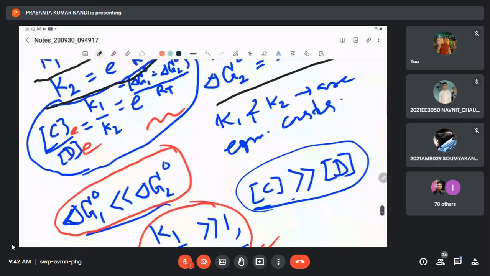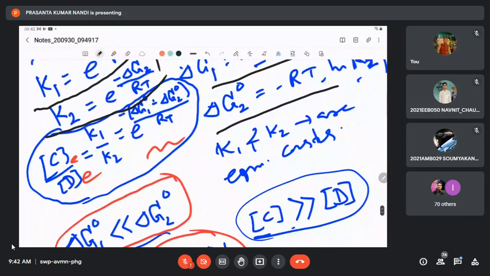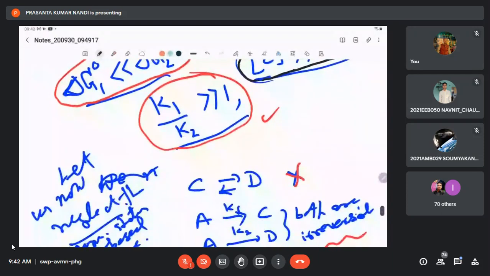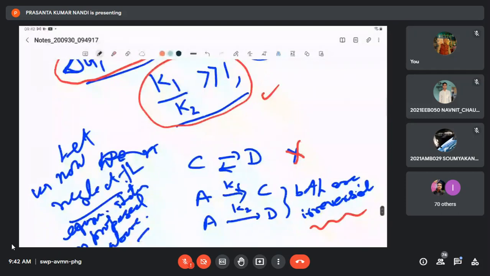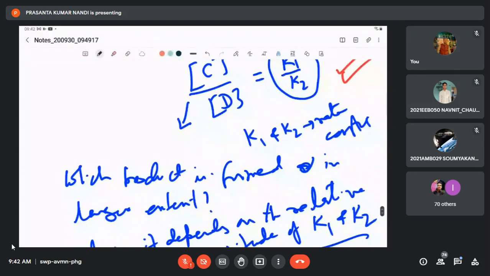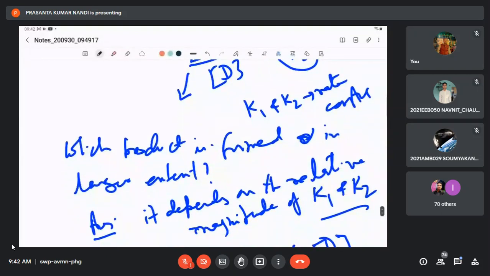If delta G10 is much, much less than delta G20, that means K1 by K2 would be much, much greater than 1, and the concentration of C would be much, much greater than D. So what I am telling you, which product is favored to a larger extent? That is the question. So what is the answer?